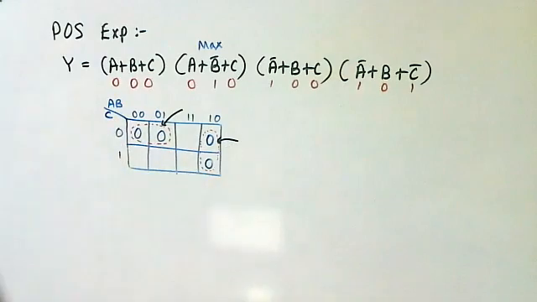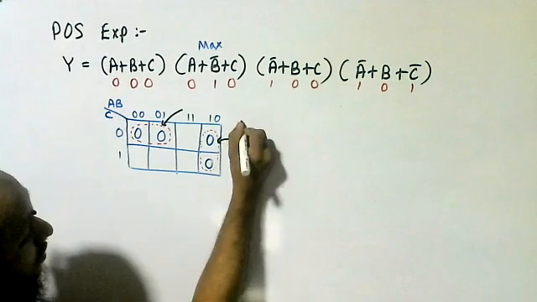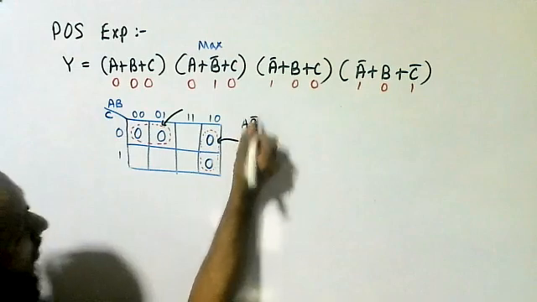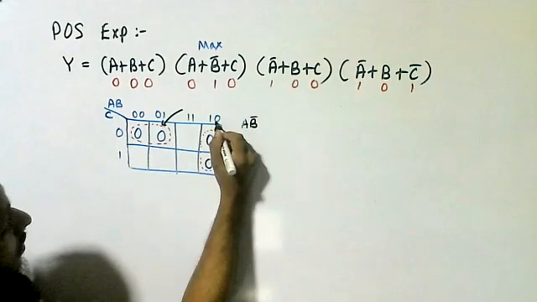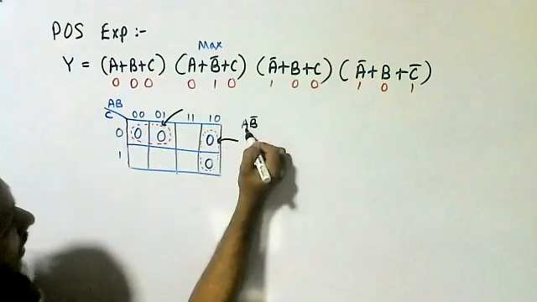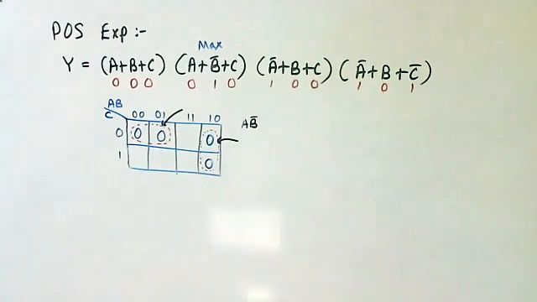So we have to skip C and take A, B. In a SOP expression, we would take A B bar. Here A is 1, because of that we take A, and B is 0, because of that B bar.